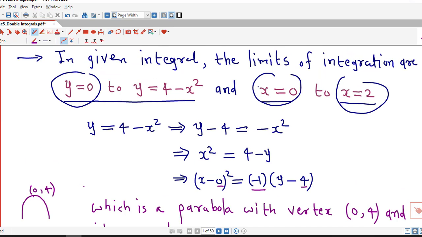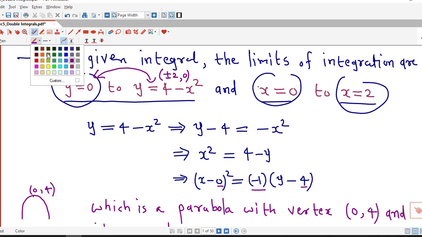Now we can decide the intersecting points of this parabola with other curves. Suppose we put y equal to 0 here, we will have 4 minus x square equal to 0. That will give us x equal to plus or minus 2. So these two will intersect at points plus or minus 2 comma 0. Similarly, if we put x equal to 0 here, y will be 4.